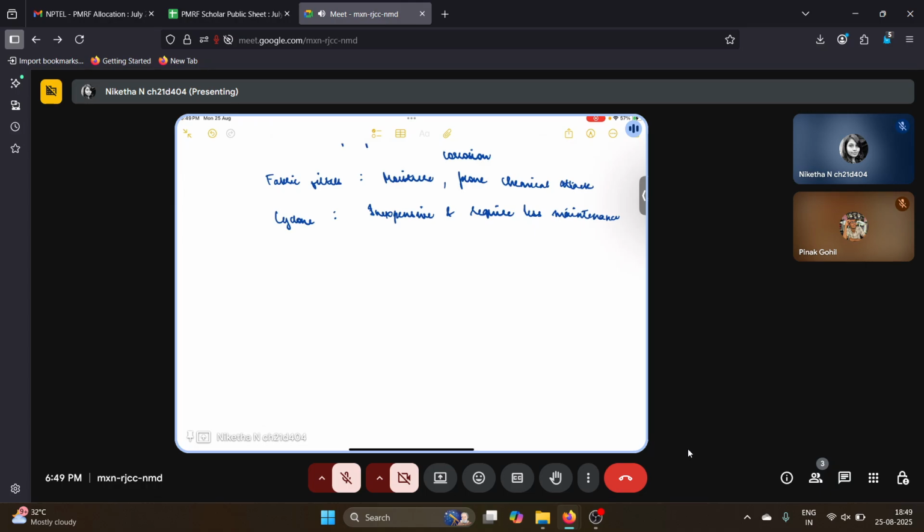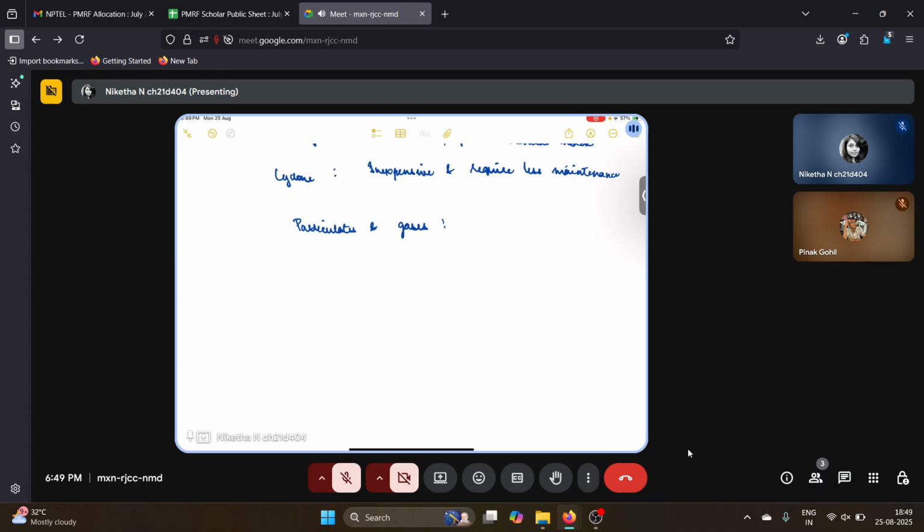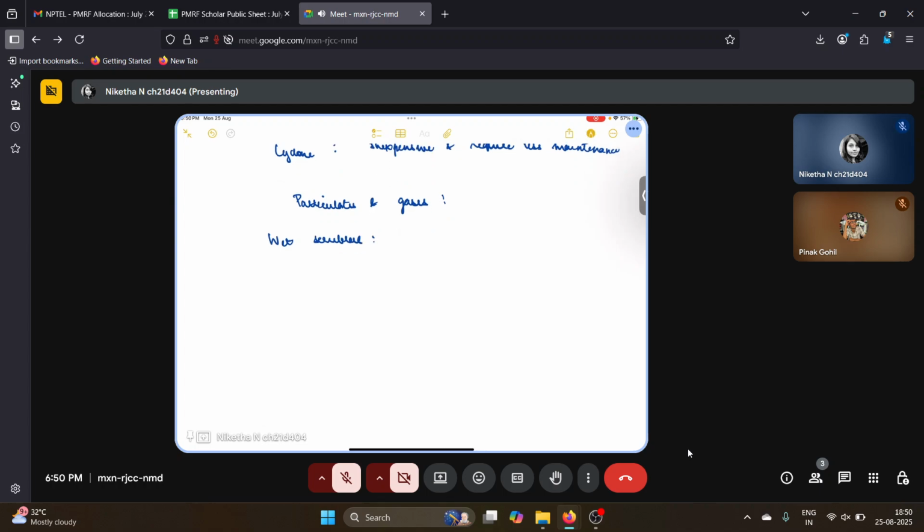What if the air that needs to be treated has a combination of particulate pollutants and gaseous pollutants? Like I said, we can use something called a wet scrubber. In wet scrubbers, we use liquid particles to remove particulates and dust.